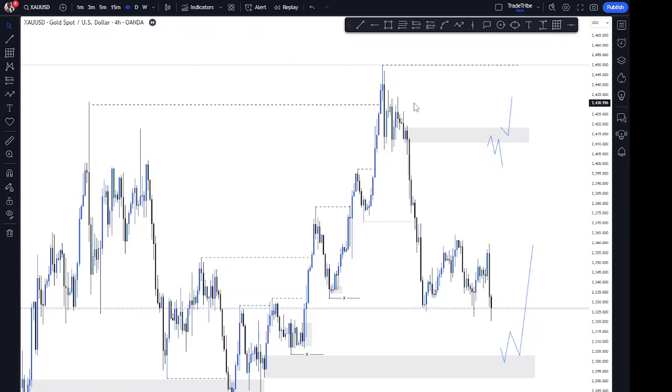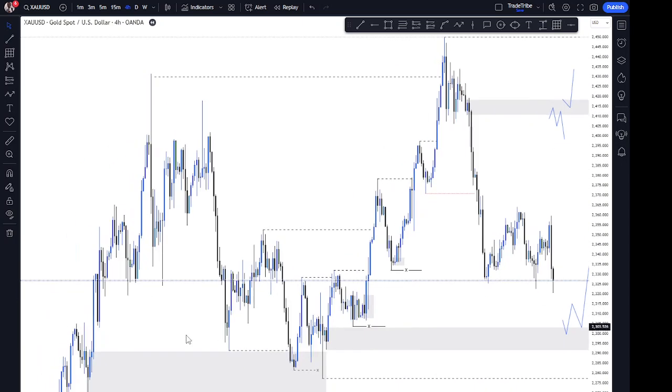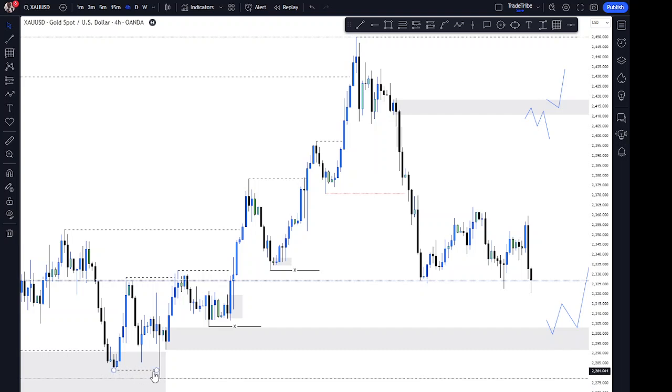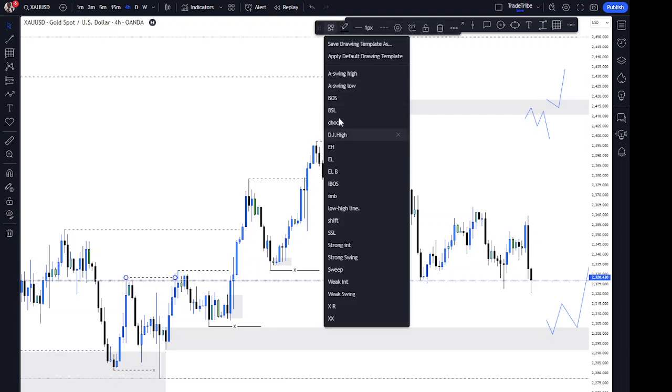So there was this internal break of structure, but before that price ilikuwa push down, ika mitigate this demand here, ilikuwa imeachwa hapa nyuma, then ikafika hapa mwisho, it did liquidation here. You can see we had liquidation here, then this was the last lower point, then price pushed upward, formed a choke, change of character here.